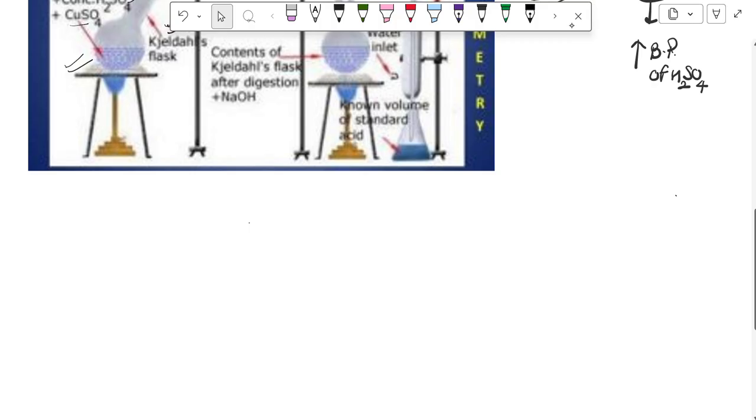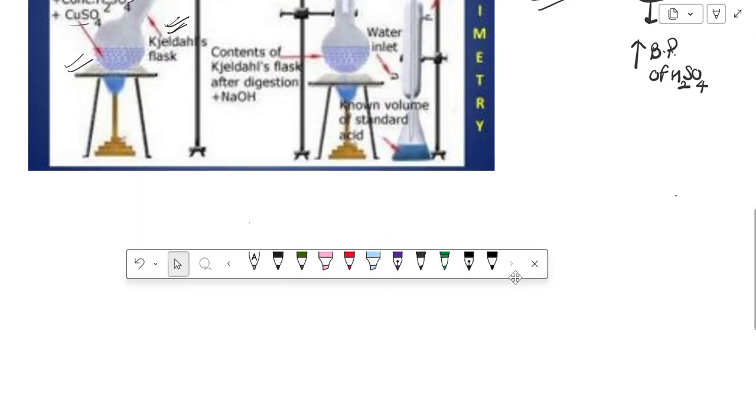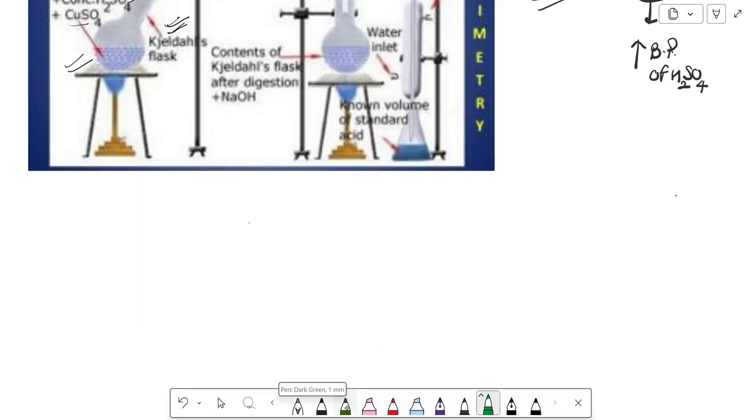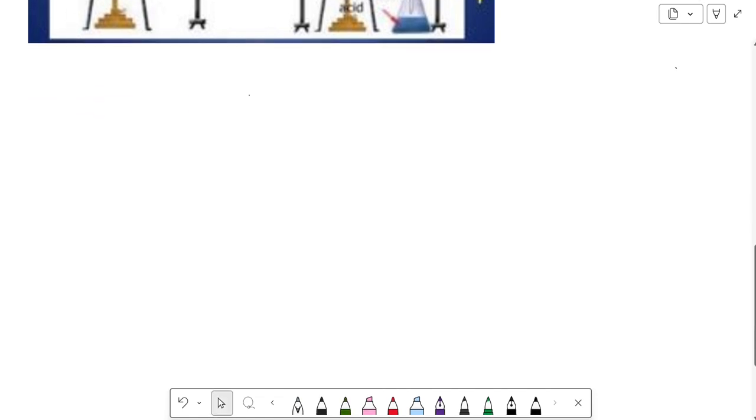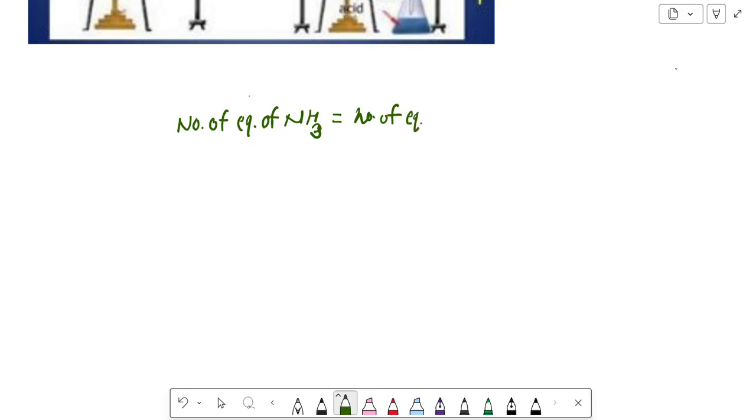Let's understand. Suppose the number of equivalents of ammonia is equal to the number of equivalents of H2SO4 that react with ammonia.